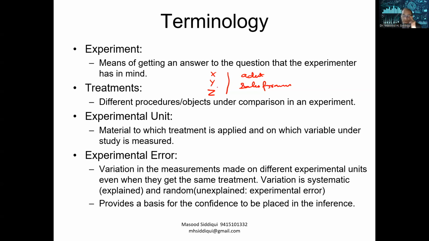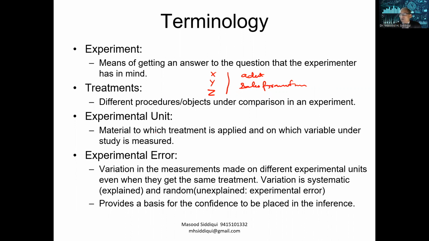So suppose we are considering a person, whether the person or the customer would be affected by advertisement or by sales promotion, right? So here the person is the experimental unit. Suppose we take the unit as the shop, whether there is an impact on the sale of the shop through advertisement or through sales promotion.